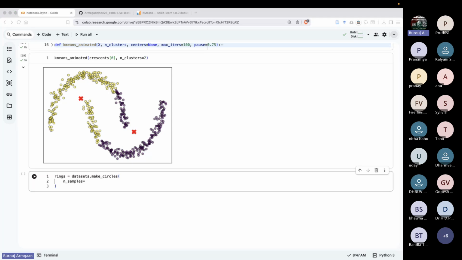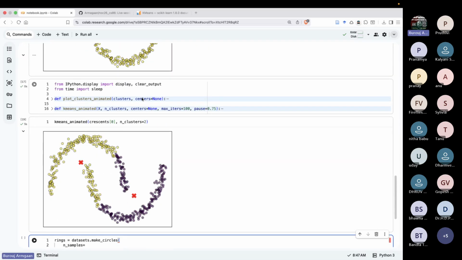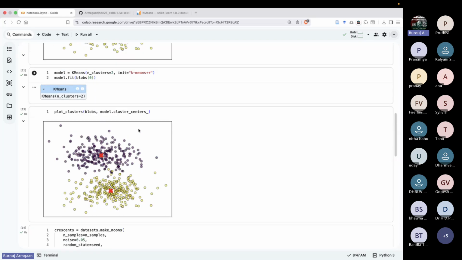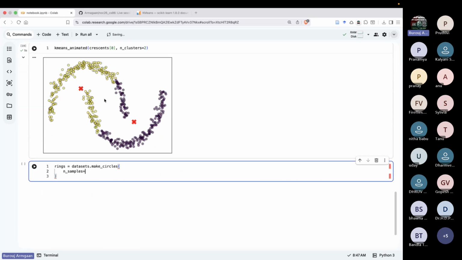By the way, any confusion with this one? Tanu asks, can you explain how this data will come? You mean, for example, how I make these data sets or the output of this particular thing?